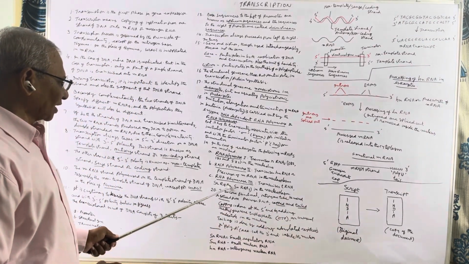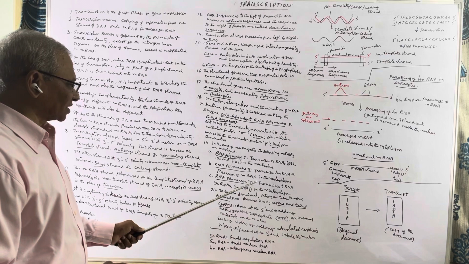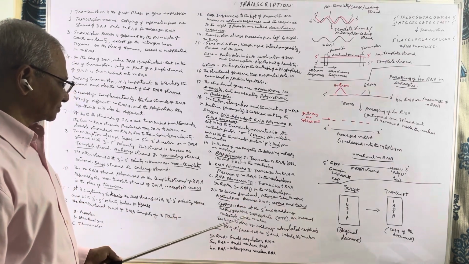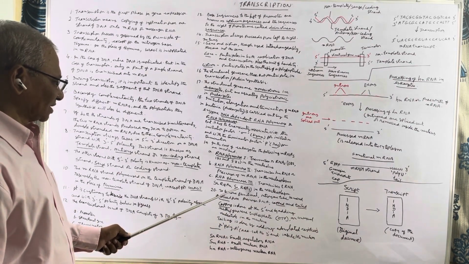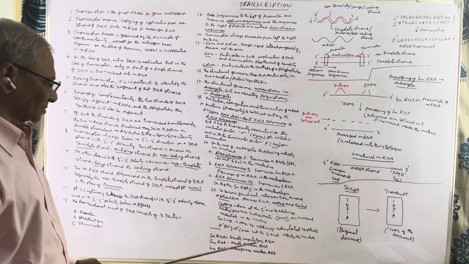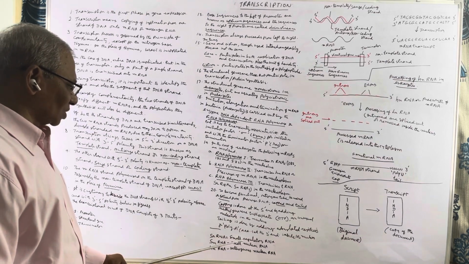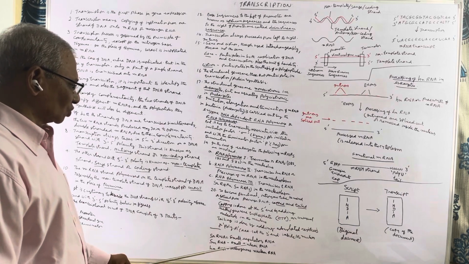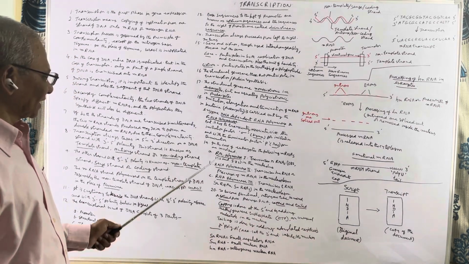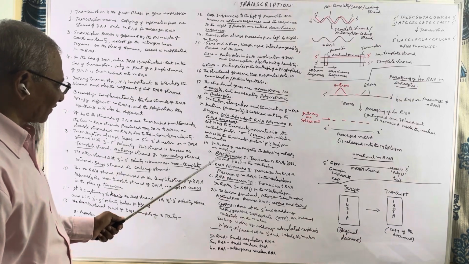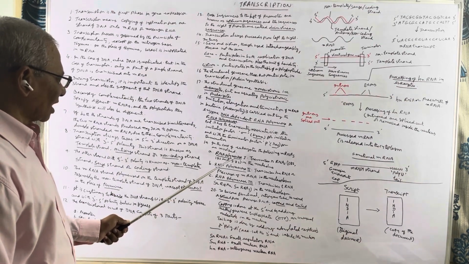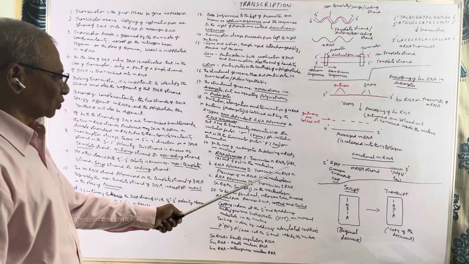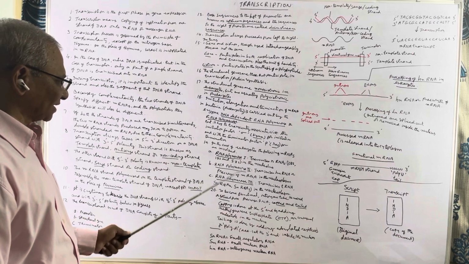Then, the third enzyme is RNA polymerase 3. It transcribes transfer RNAs, srRNAs and snRNAs. srRNA means small regulatory RNAs. snRNAs means small nuclear RNAs. So in this way, these 3 polymerases have 3 different functions. Again I repeat, RNA polymerase 1 transcribes ribosomal RNAs, that is 28S, 18S and 5.8S in the nucleolus.